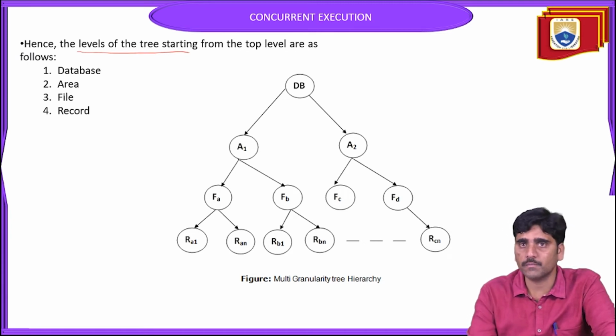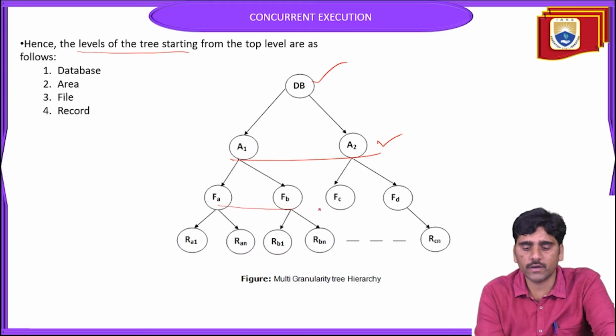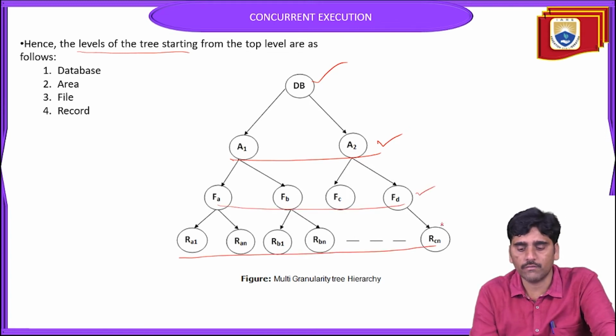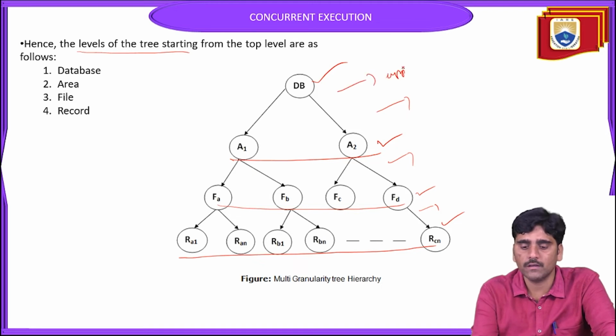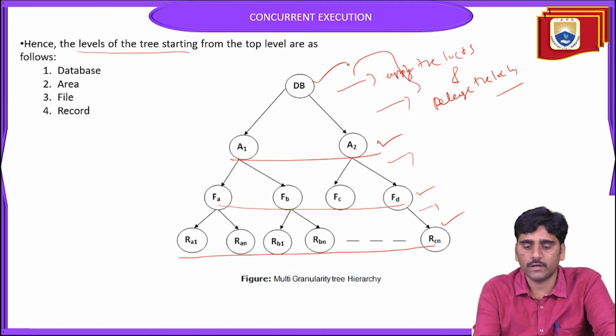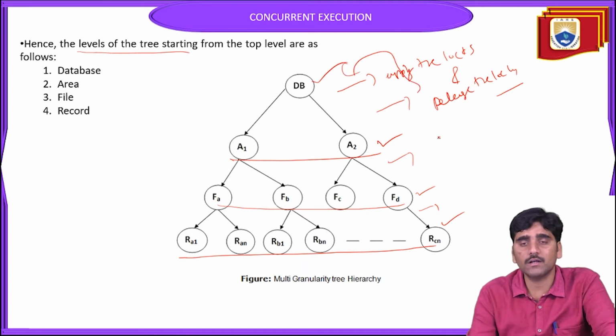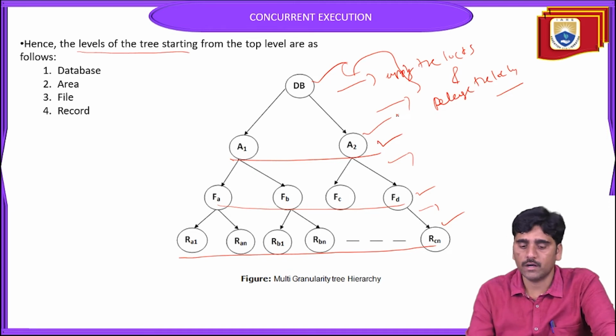Hence, the levels of the tree starting from the top are as follows: the first is the DB level, the second is the area level, the third is the file level, and the fourth is the record level. These levels are the multiple granularity levels. You can apply and release locks at the database level, the area level, the file level, and the record level.